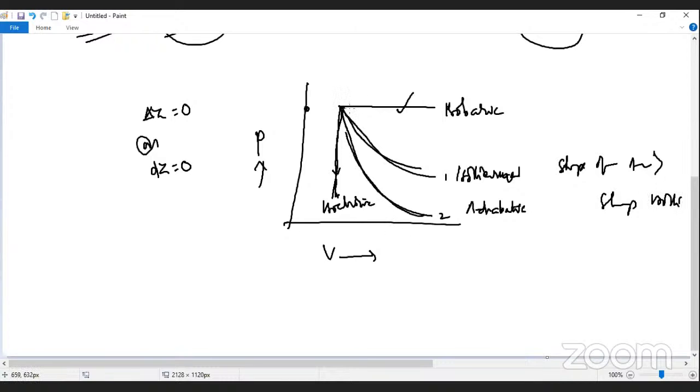When you compare this one with this one, this is the slope for the isothermal and this is the slope for the adiabatic process. You will understand that from 2 important relations, which we will discuss with proof in coming lectures. But this graph is important. When the graph is given, it is important to identify which curve indicates which process. Okay, right, on to the next one.